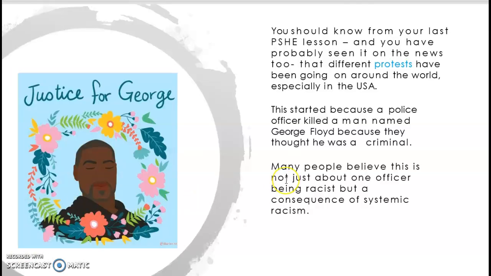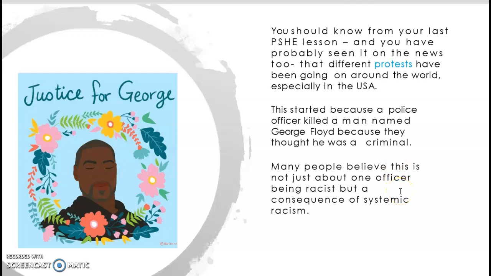Now, of course, in our last session, we talked a little bit about George Floyd, the gentleman in America who was killed by a policeman who thought he was a criminal, who made a judgment, and in that moment a man lost his life.